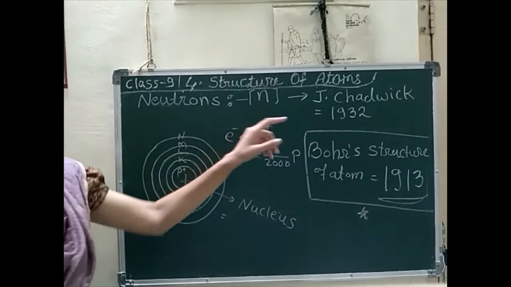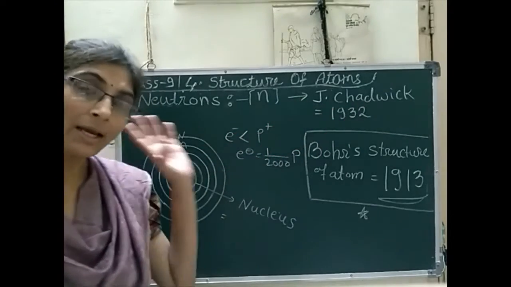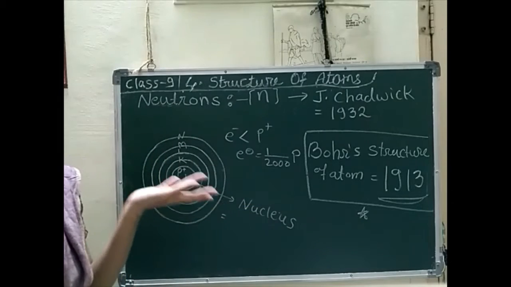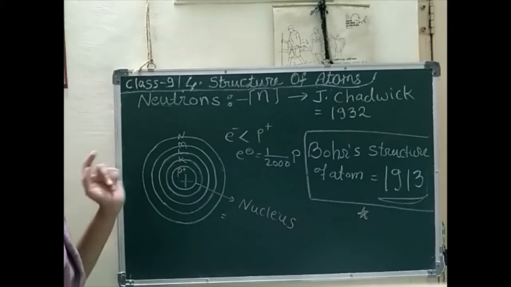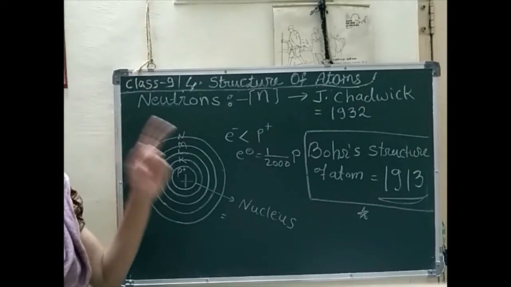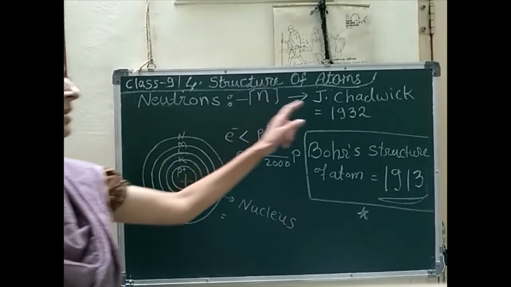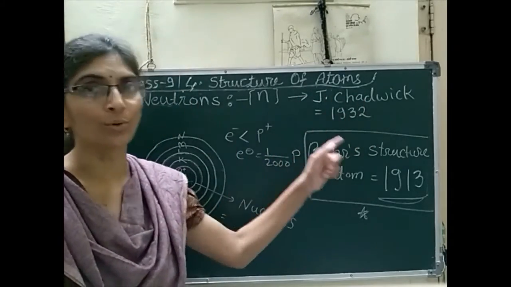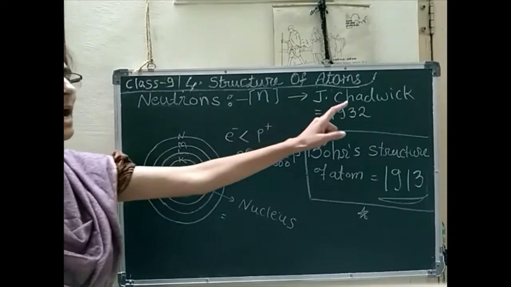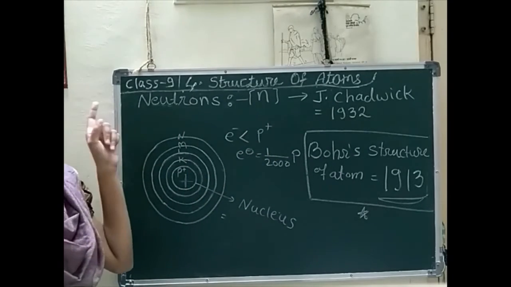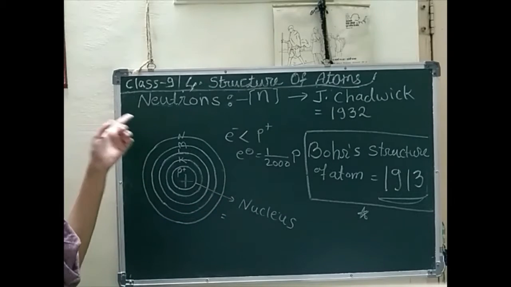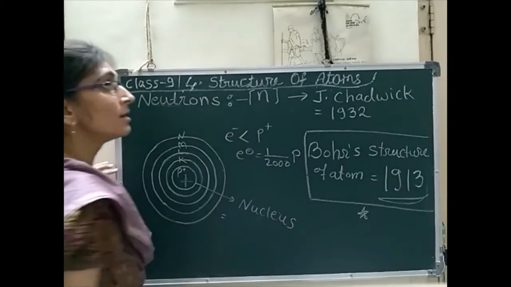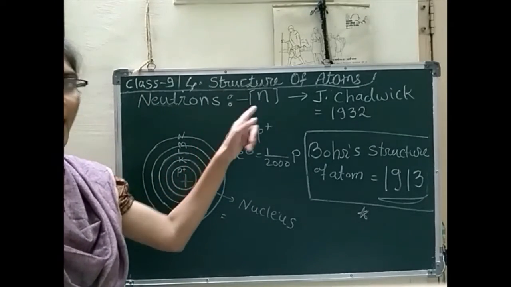But now J. Chadwick, a very great scientist, discovered a third type of subatomic particle which is also present inside the atom, particularly inside the nucleus. J. Chadwick discovered it in 1932. It is known as neutron, and it has the symbol small n.